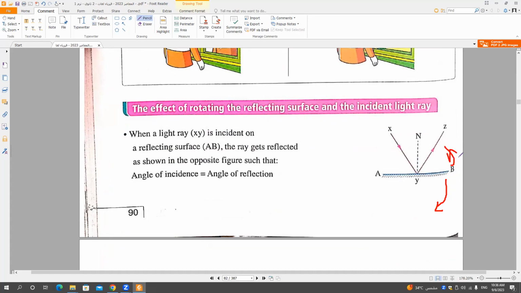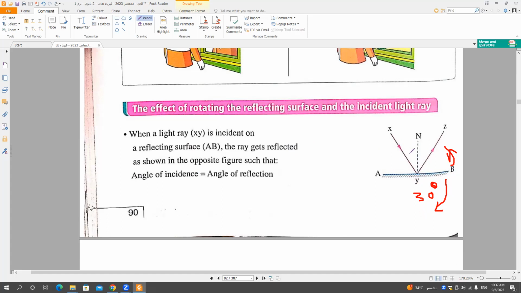Again, if we have a question here, what will happen when the plane mirror is rotated clockwise, in the same direction as clocks, by an angle, for example, 30 degrees? The angle of incidence will increase and the angle of reflection will also increase.